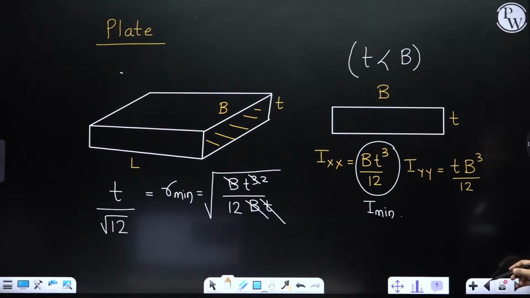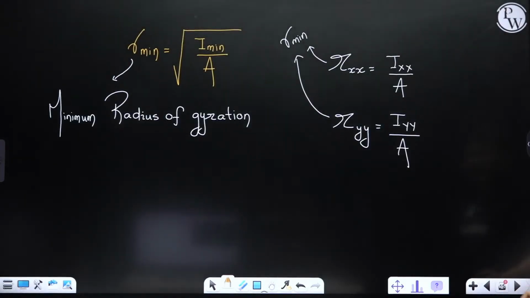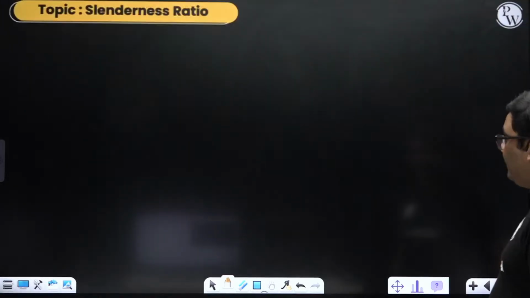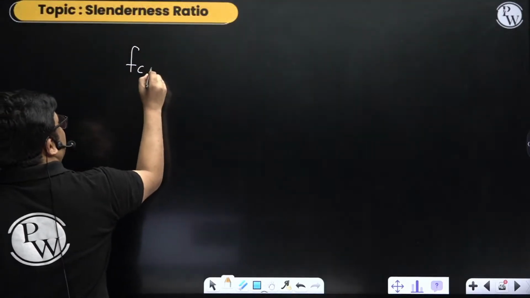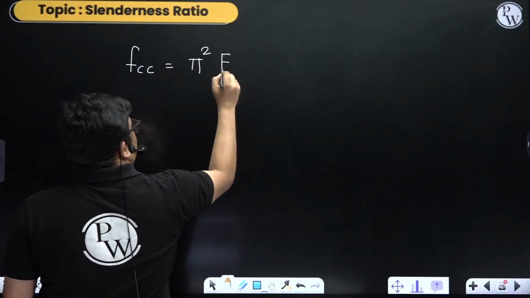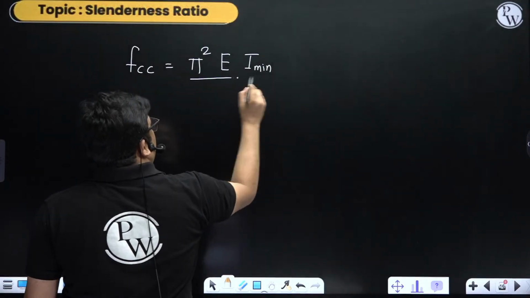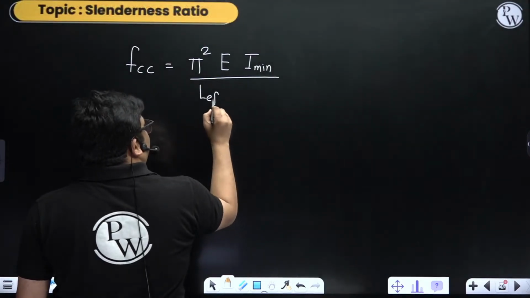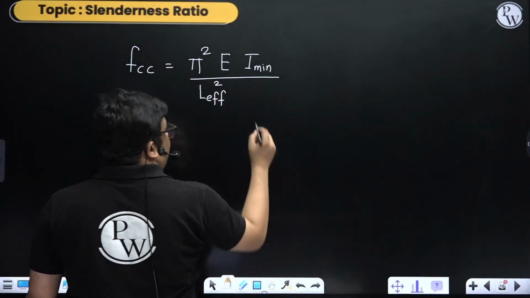So now this was radius of gyration. There is another term from which they can ask a question, which is slenderness ratio. What is slenderness ratio? If you see here, we got our buckling stress. It was pi square E, then I minimum by L effective square, into area.